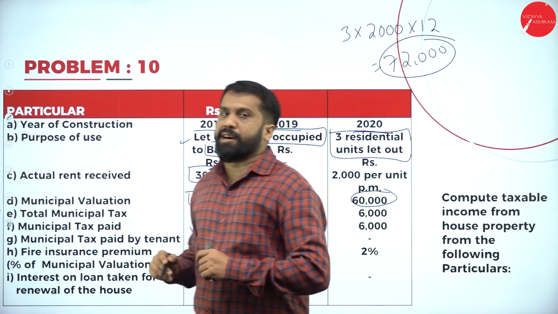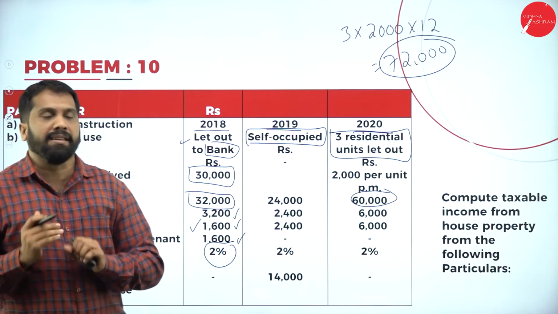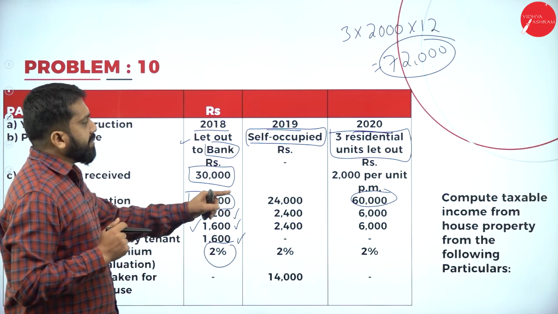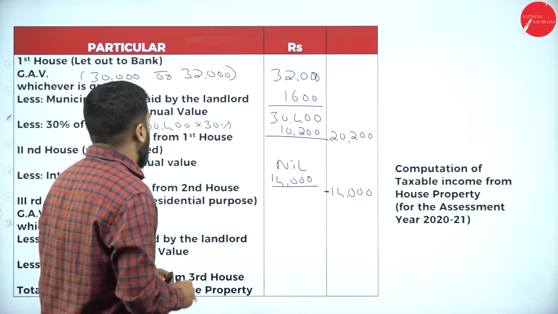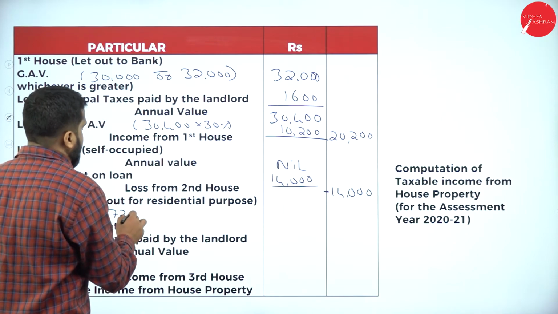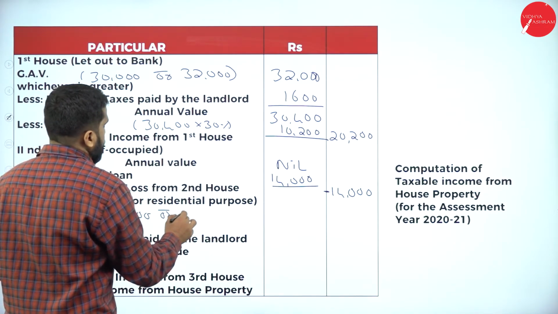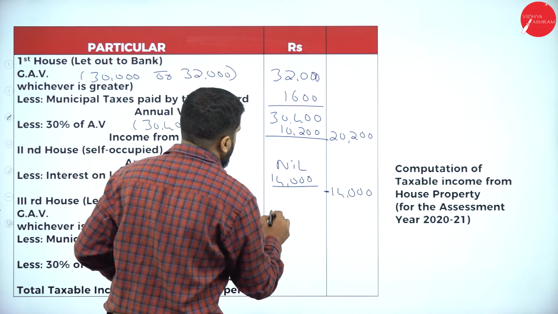It is 60,000. Whichever is higher, 72 or 60, we should consider 72.